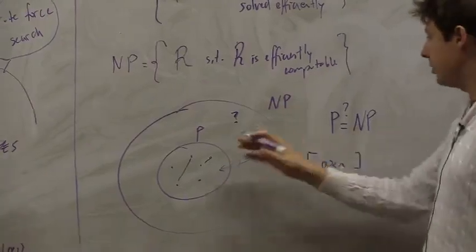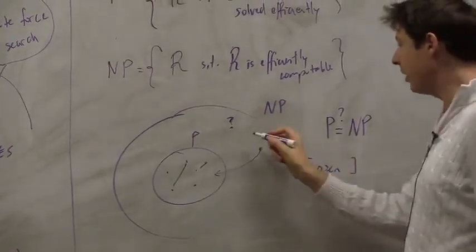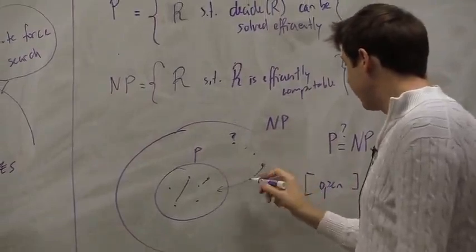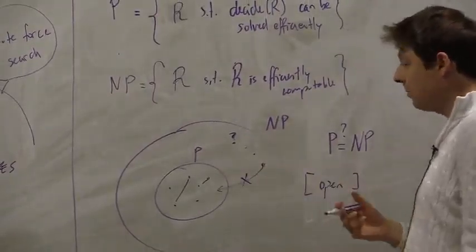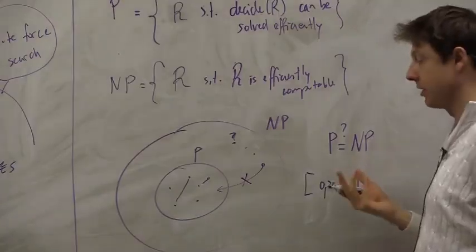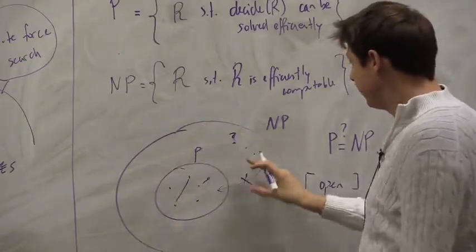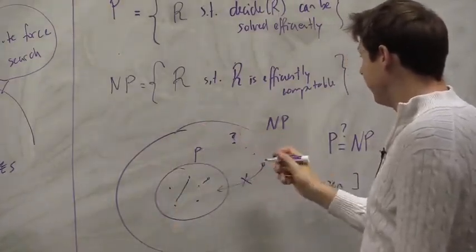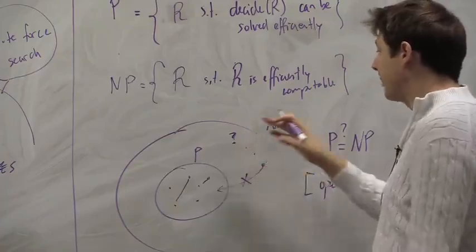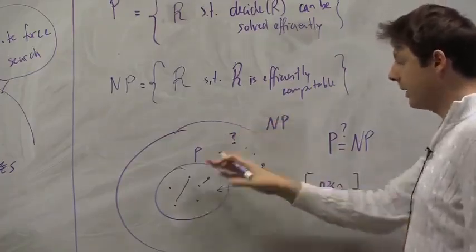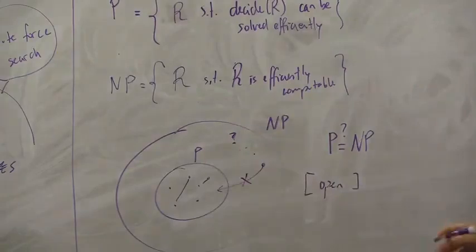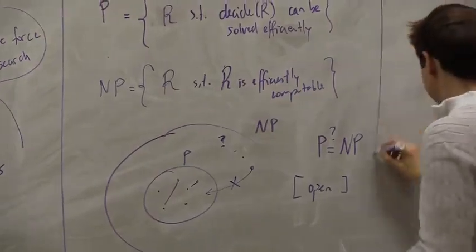But for all we know, these two classes could be different. So there could be all kinds of problems where we cannot put them in P because maybe no efficient algorithm exists to solve the decision problem. Yet we have to somehow try to understand this landscape of why are some problems hard, or how are some problems hard? Why are they not in P? And reductions is going to be the way that we do that. So this lets us introduce some notions, okay?